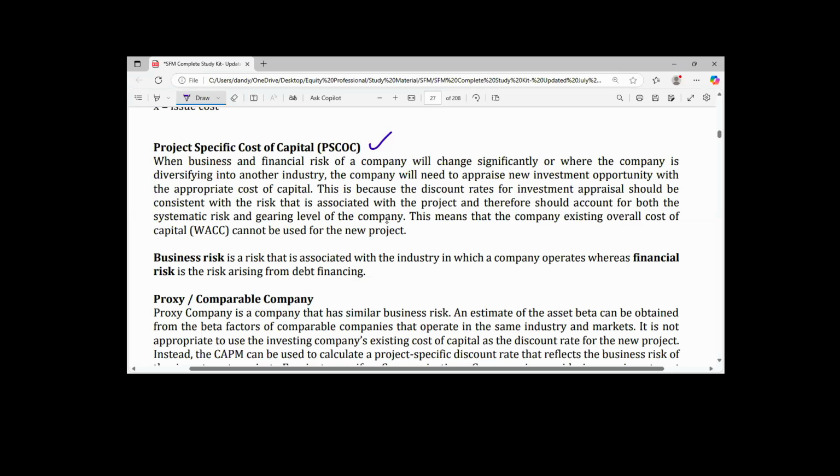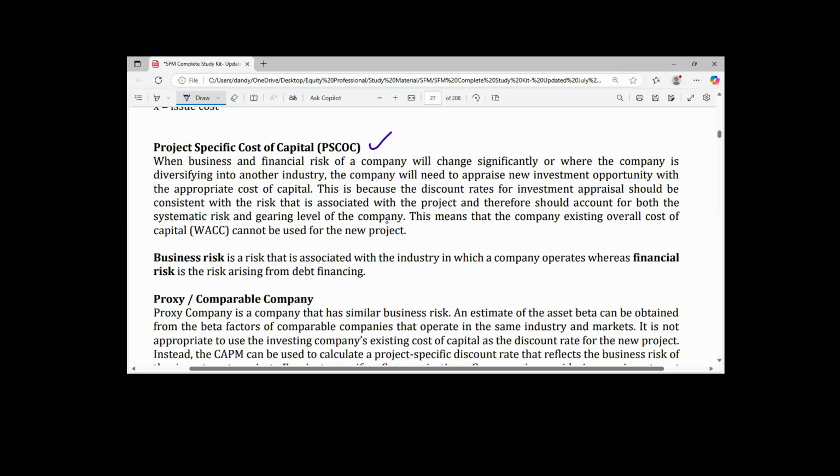And once there is an indication that the company is diversifying, and the examiner asks you to calculate the appropriate cost of capital, you should know that it is project specific. So that is the indication to know that you're supposed to calculate project-specific cost of capital. All right, I believe that is noted.